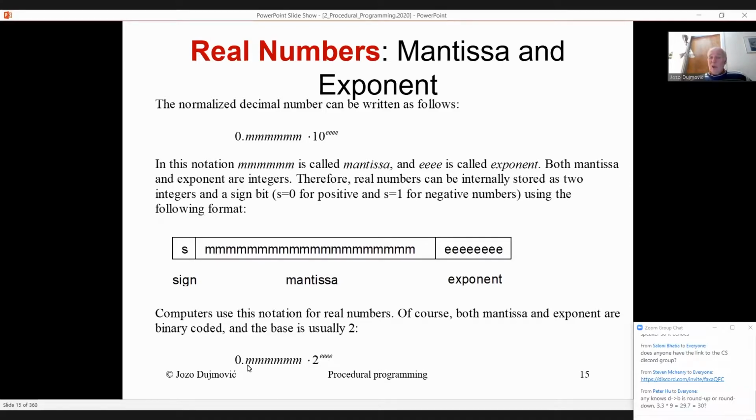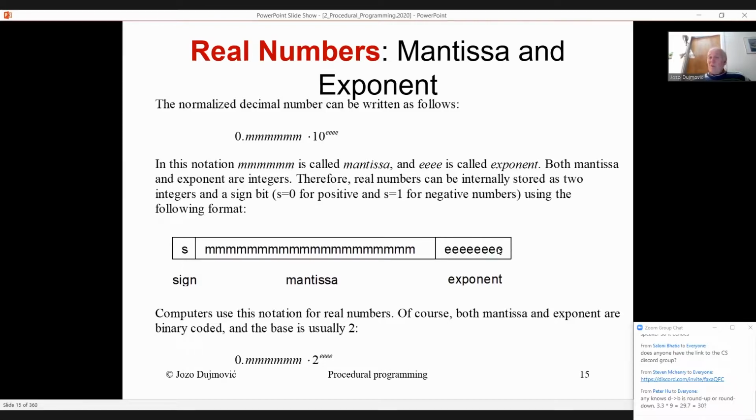So in computer systems, numbers are written as a binary Mantissa, these are ones and zeros, times 2 to this exponent. Now, it is important to know how big this is and how big this is, because this will tell you the range of numbers and the precision. Precision is defined by the number of bits that you have in the Mantissa. This determines how many significant decimal digits you are going to have in your decimal number.